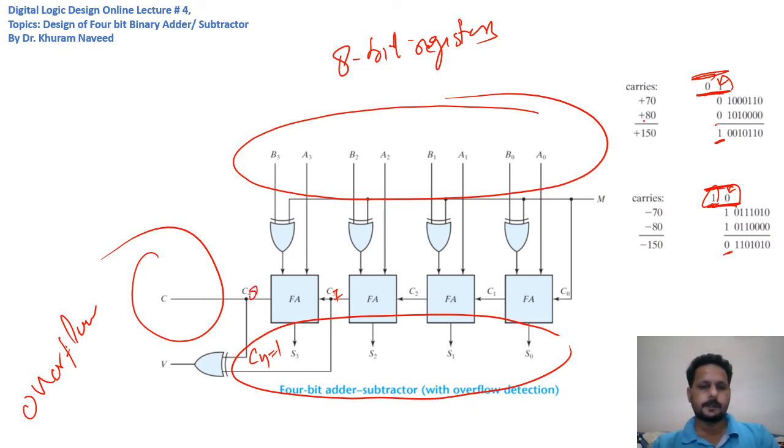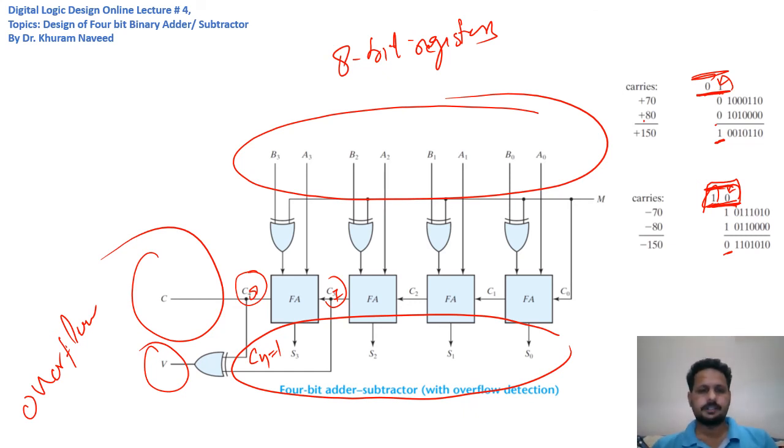So the carry to the last addition, C7, and the carry from the last addition, C8, or as the case may be, can be XORed to get the flag in this situation. When these two carries are different, it means the sign bit has changed and it has transferred to the next location. So this flag then addresses this situation and serves as an indicator.